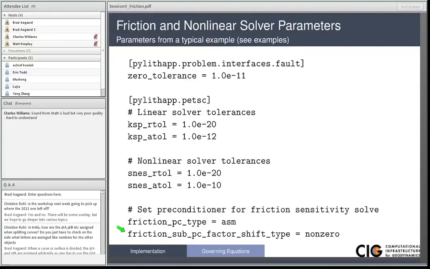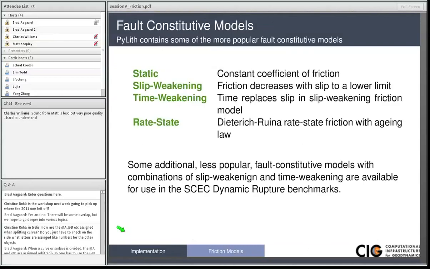Now, our fault constitutive models. PyLith contains some of the more popular fault constitutive models. We have static friction, which has just a constant coefficient of friction. We have slip weakening, where the friction decreases with slip to a lower limit. Basically, it goes from a static value to a dynamic value over some slip sliding distance.